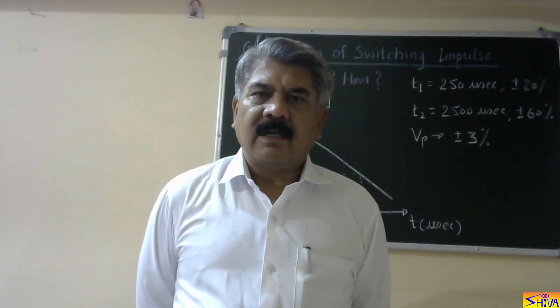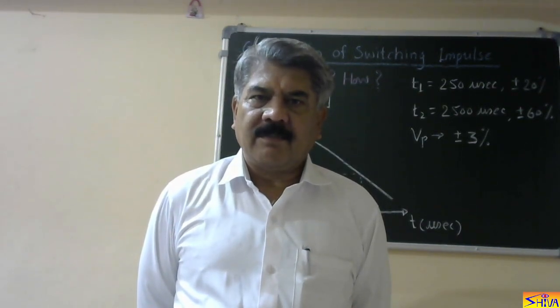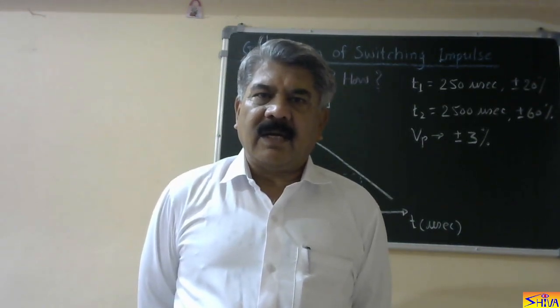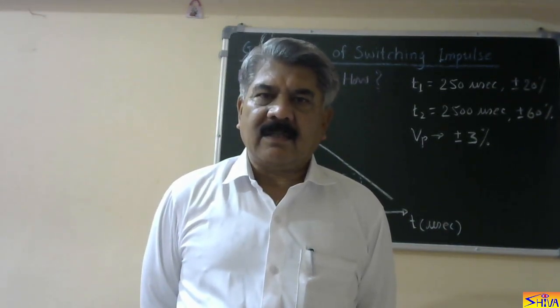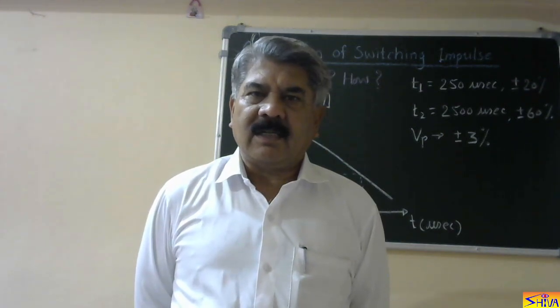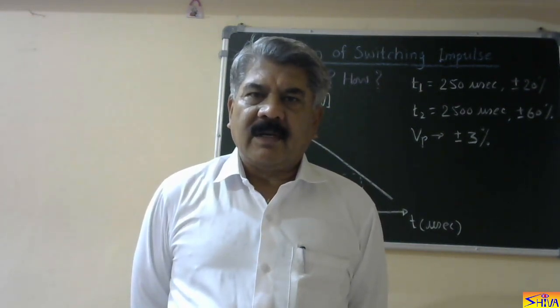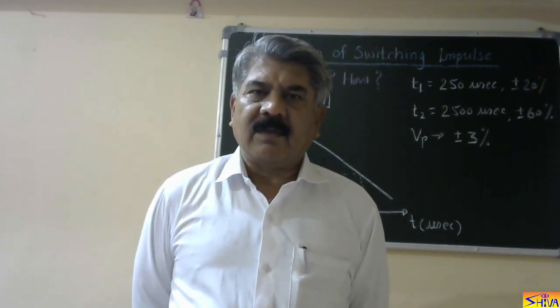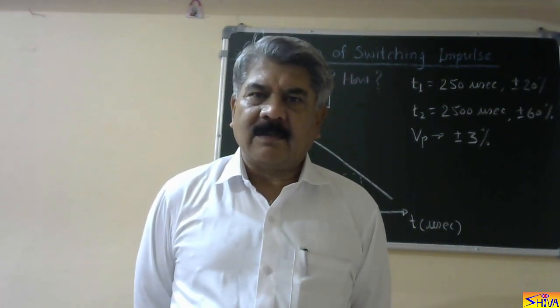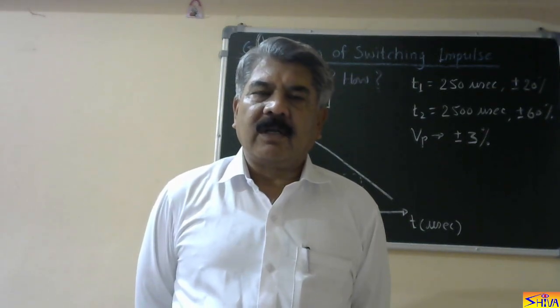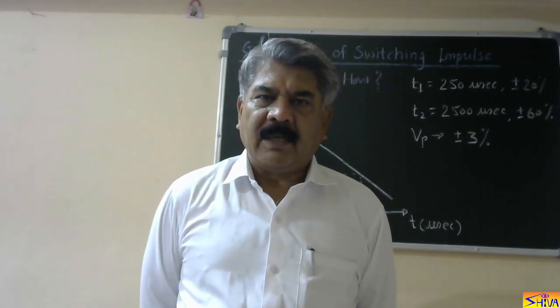That is, it is impulse in nature. Lightning over voltage is impulsive in nature, and when we are testing the electrical apparatus or equipments against lightning over voltages, in India, it is as per Indian standard, that is 1.2 by 50 microsecond wave, and it has some peak value that is denoted by Vp.